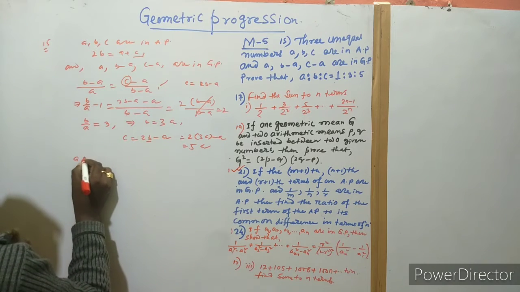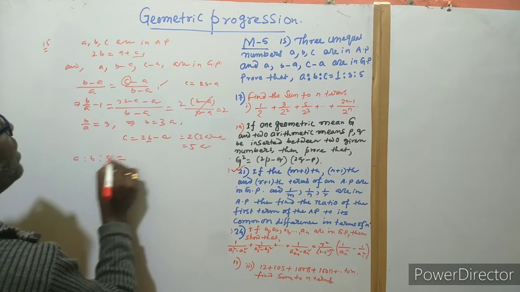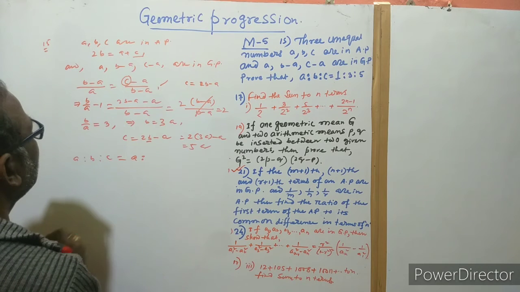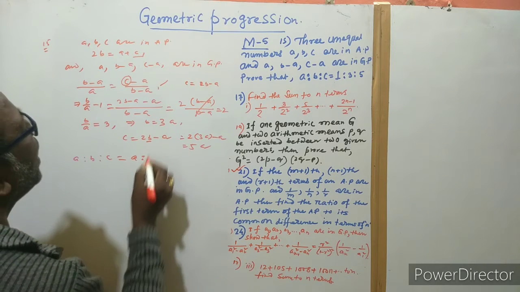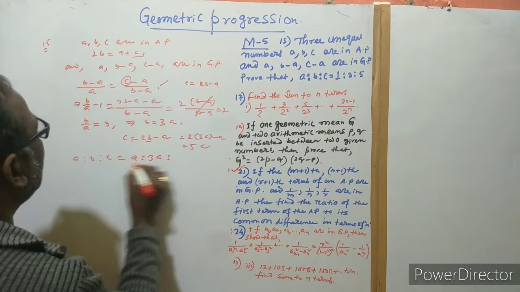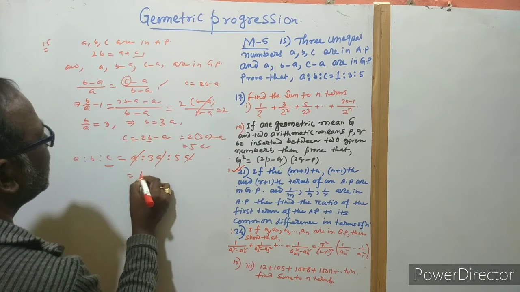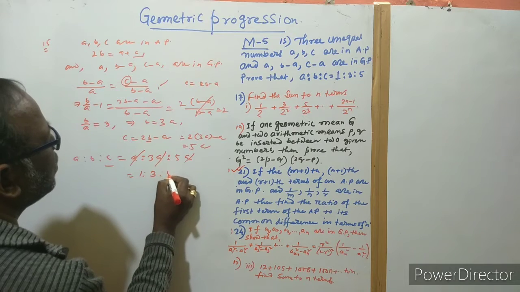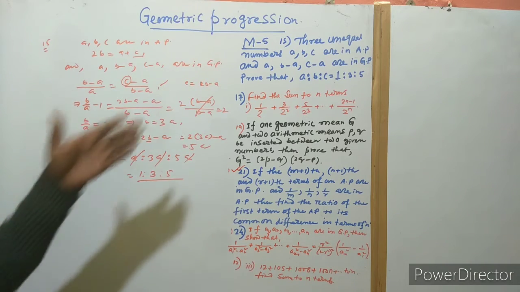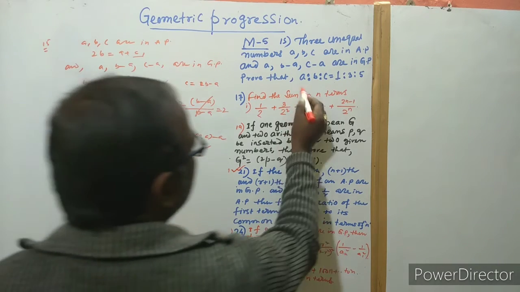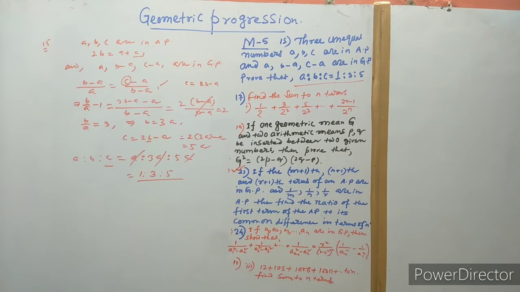So now find A is to B is to C. In place of A we can leave it unchanged, but B is 3A and C is 5A. Then A is simplified, and we get A is to 3 is to 5, 1 is to 3 is to 5. Okay, see, this is your answer, which is good.